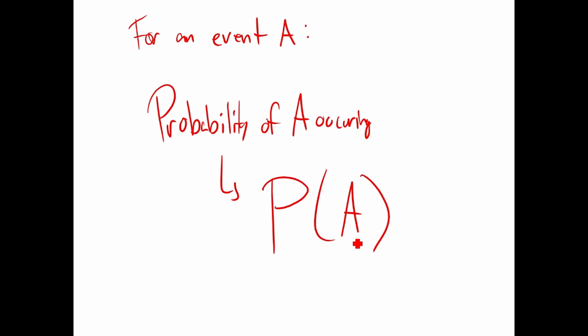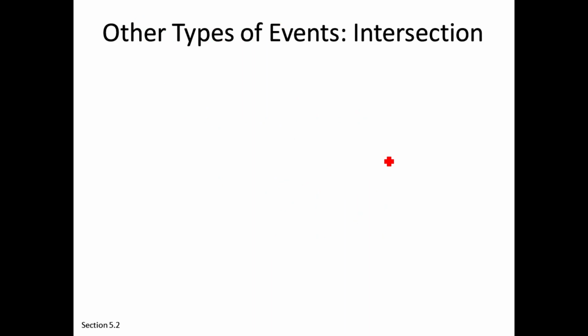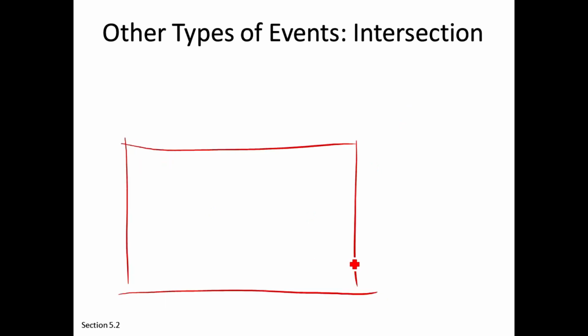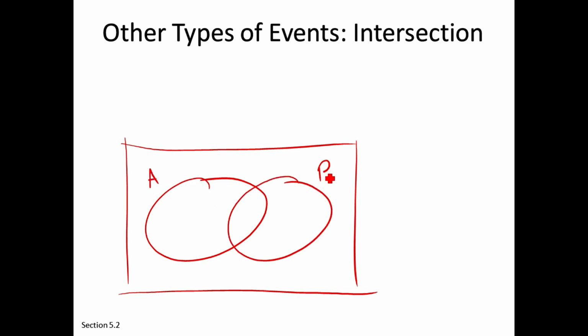But it's pretty natural notation. You'll get used to it really fast. Some other types of events that we're going to be interested in looking at is the intersection of two events. If you have two events going on, say A and B, we use Venn diagrams in probability sometimes to visualize events.